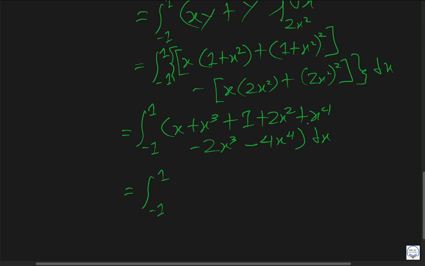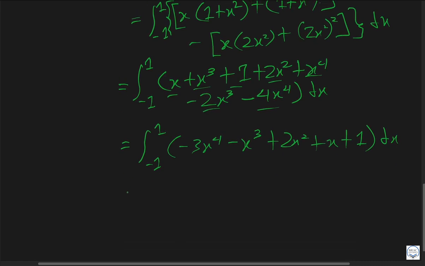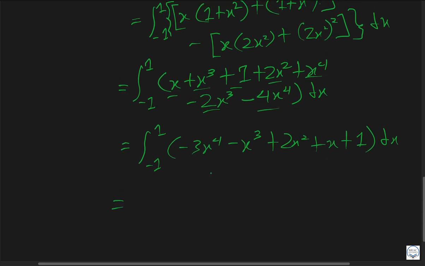So let's now simplify a little bit. Let's start with the highest power. If we combine these two, we should have minus 3x to the power 4, then let's try x cubed. So this will give us minus x cubed. Now let's try x squared, plus 2x squared, plus x plus 1, times dx.